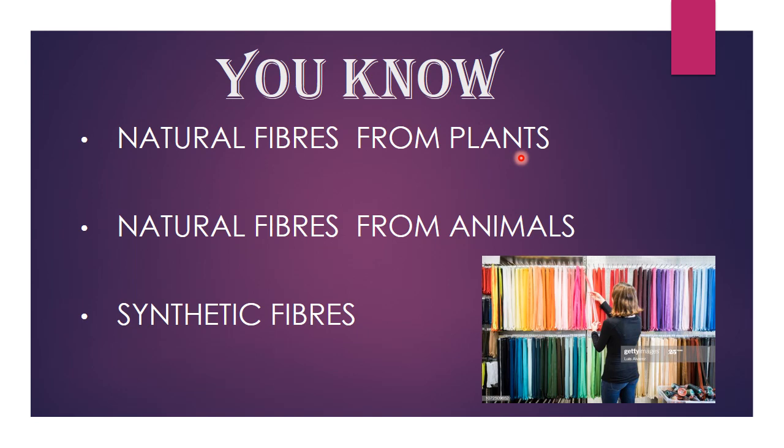Other than cotton and jute, flax and coir are also used. Wool and silk are natural fibers obtained from animals. Polyester and nylon are synthetic fibers.